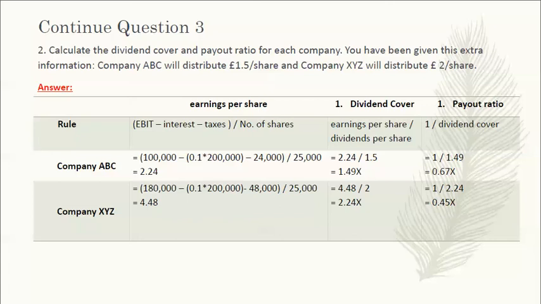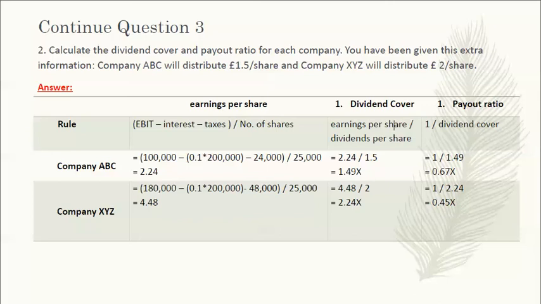For dividend cover, which is equal to earning per share over dividend per share. Earning per share, we need to calculate it as it's not given in the given data. And regarding dividend per share, it is already given in the question.